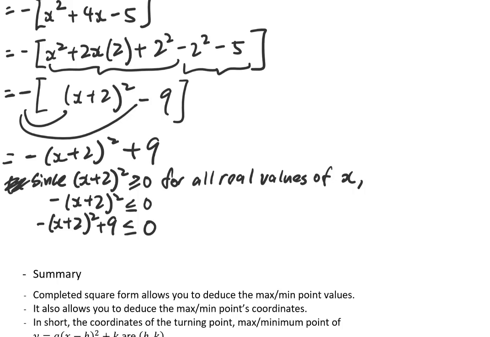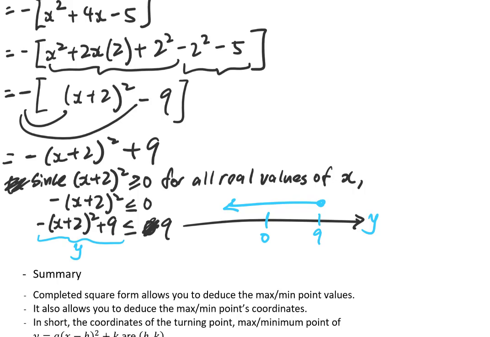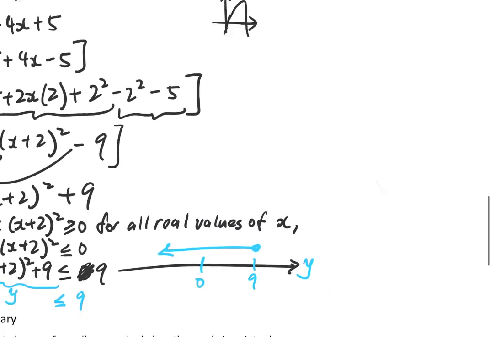So if I were to draw a number line again, and let this thing be y, 0. Sorry, I made a mistake here. I added 9 on both sides. Okay. So shade, point towards left side. Right? So my maximum is 9.